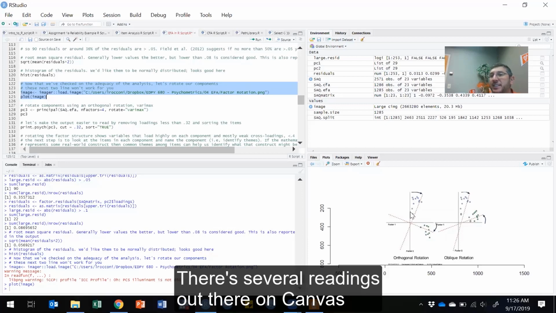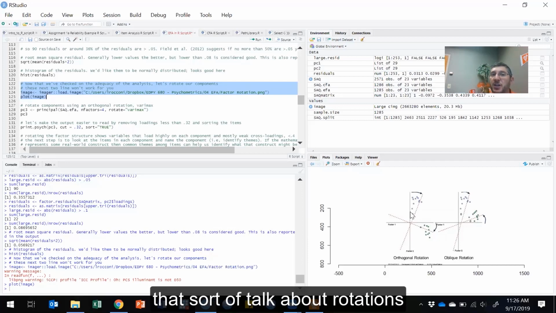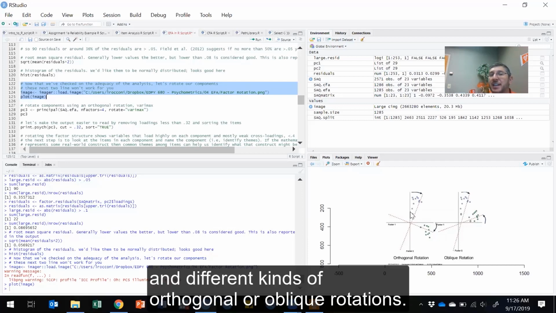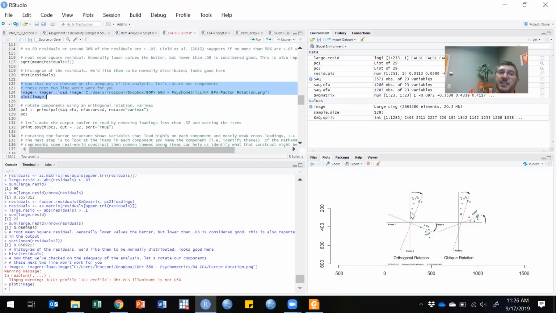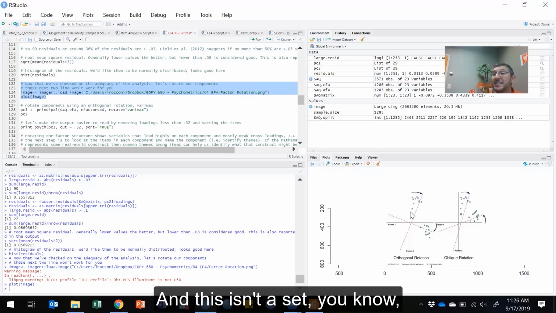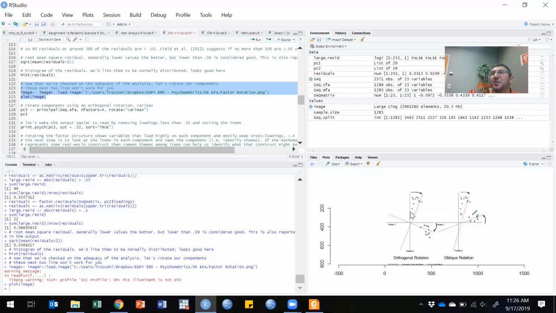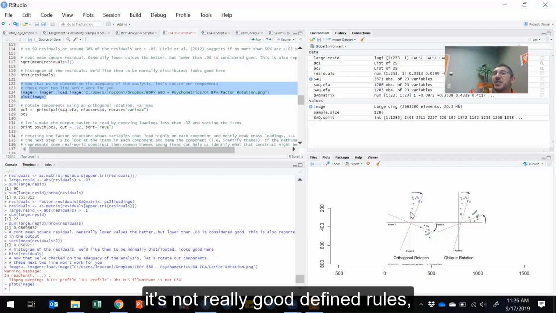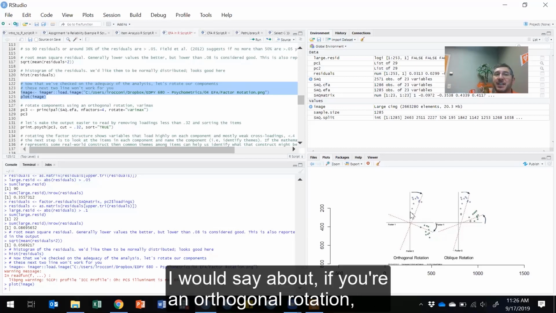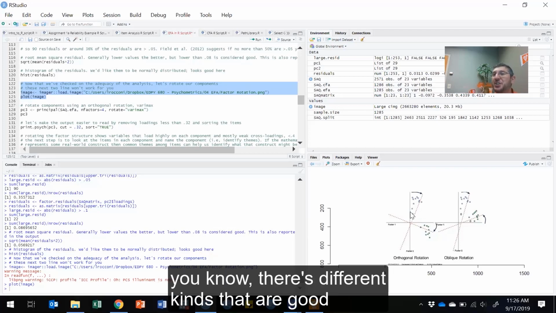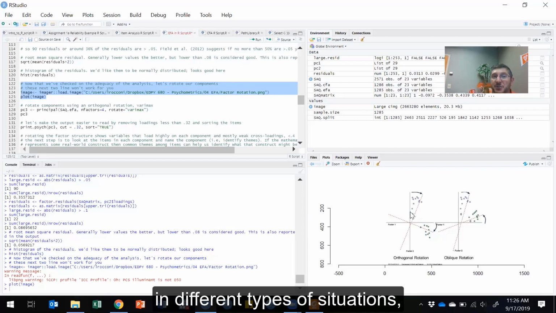There's several readings out there on Canvas that talk about rotations and different kinds of orthogonal or oblique rotations. And there aren't really well-defined rules, I would say, about it. There are different kinds that are good in different types of situations.